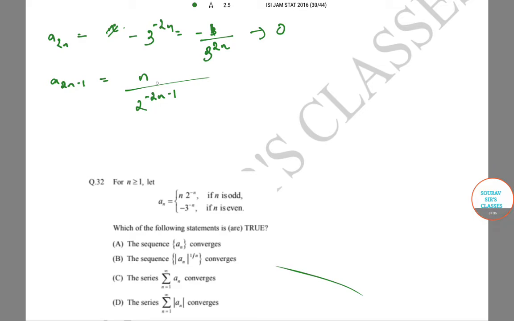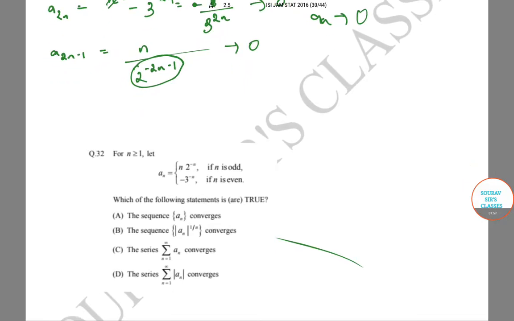Since we have n in the numerator and an exponential function of n in the denominator, this of course goes to 0, because the exponential goes to infinity much faster than n. So a_2n and a_(2n minus 1) both go to 0, which means that a_n converges to 0, and we can safely conclude that A is correct.